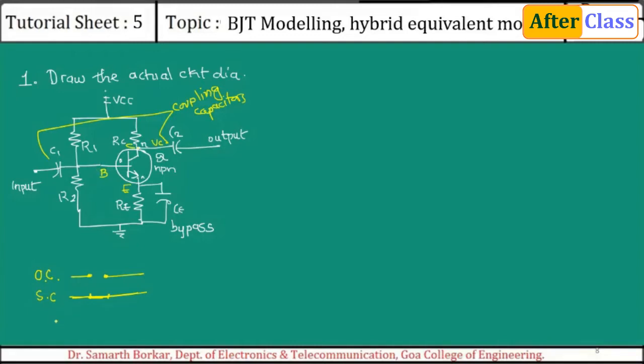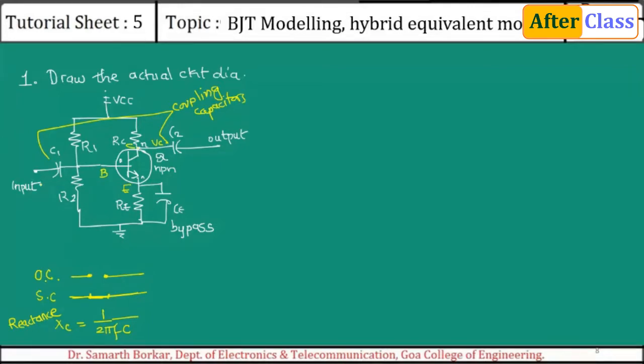The reason is the reactance of the capacitor is given as 1 upon 2 pi fc. Now we are dealing with this amplifier at a very high frequency, in terms of kilohertz, and we also take the capacitance value to be 10 microfarad.